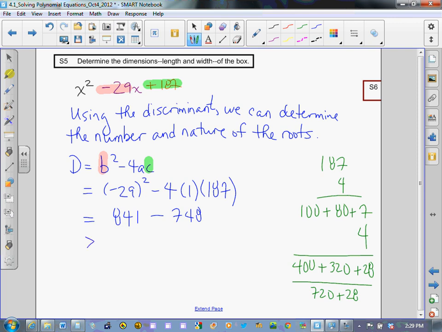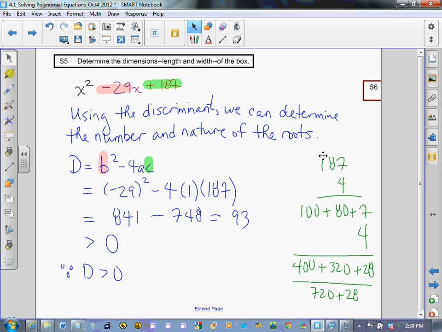Upon inspection, 841 is bigger than 748, so we can see that this difference will be positive. And when the difference is positive, okay, actually the magnitude of that difference, if we subtract 748 from 841, looks like a difference of 93.